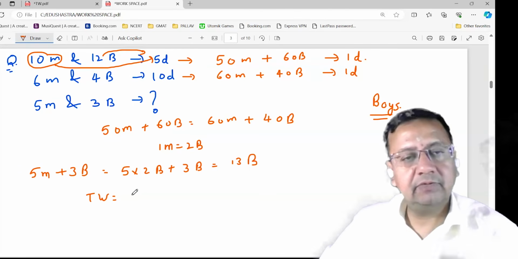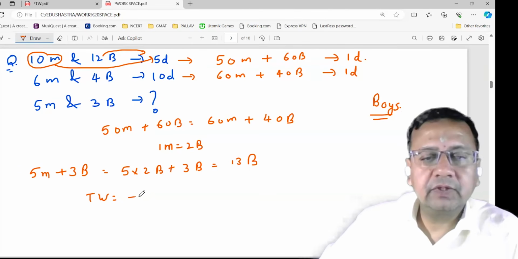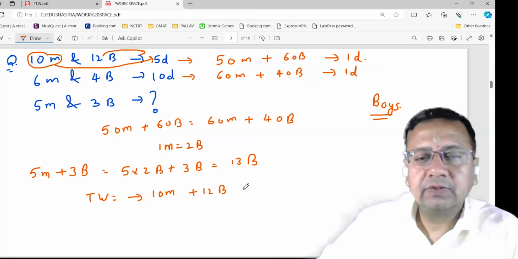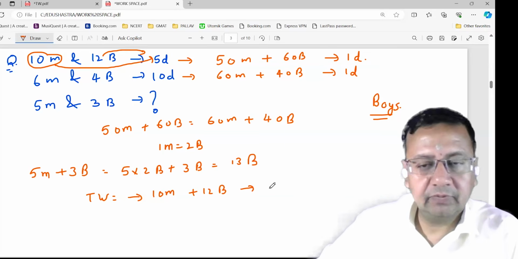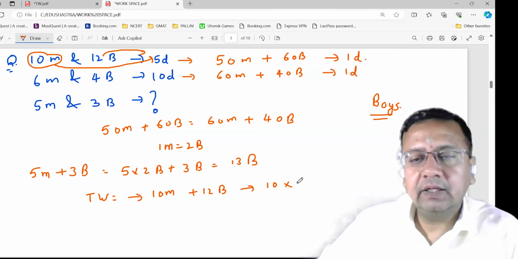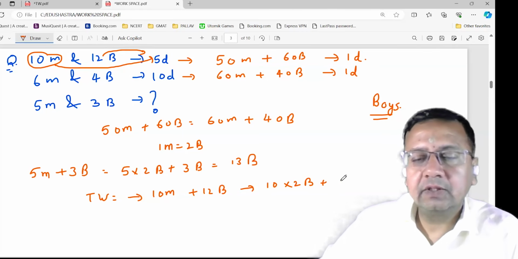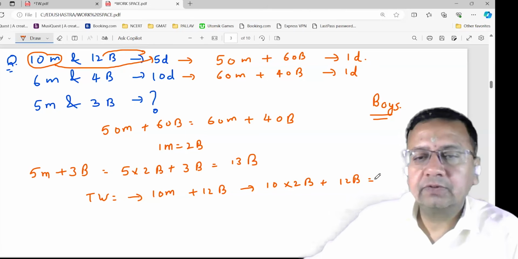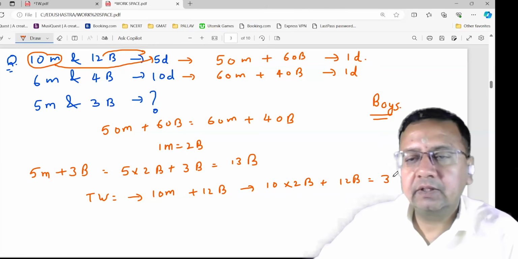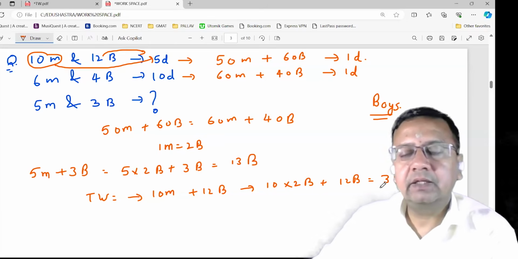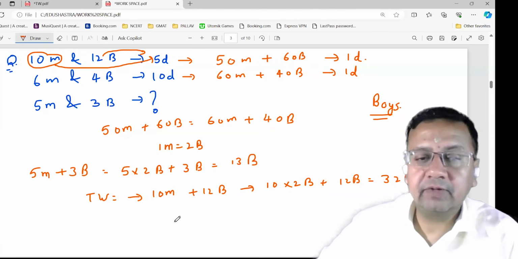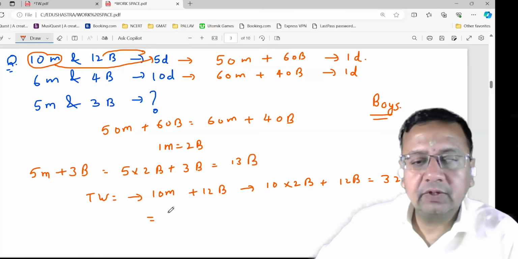So take maybe the first equation: 10 men plus 12 boys, right? Convert them into boys. So 10 into 2 boys plus 12 boys. So how much? 20 plus 12, 32 boys. And 32 boys are finishing a work in how many days? 5 days. So the total work is 32 into 5 boys-days.